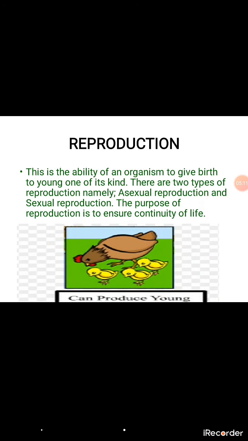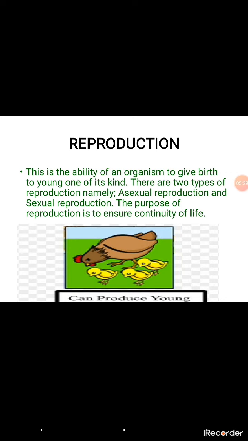Okay, how about reproduction? Reproduction is the ability of an organism to give birth to young ones of its kind. Giving birth to young ones of its kind can happen in two different ways. That's talking about the two types of reproduction.